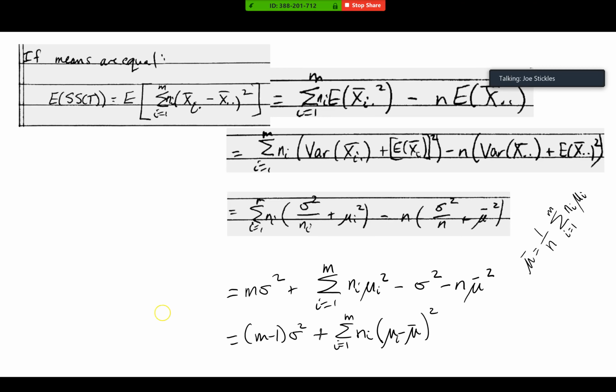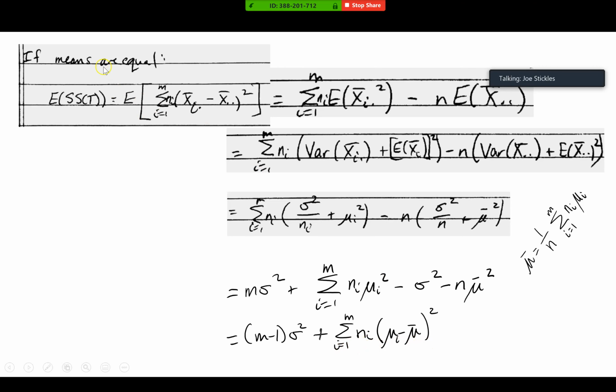So looking at this last line here, if we simplify all of this, I'm looking at the expected value of SST. Like I said, this is just a bunch of algebra to get to this point, and I want to get to the actual point here. Notice that when I do the expected value of SST, I get m minus 1 times sigma squared, which is our common variance, plus this summand piece.